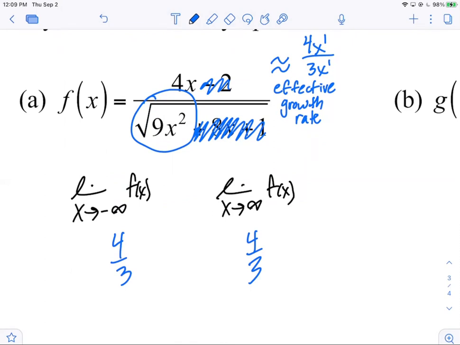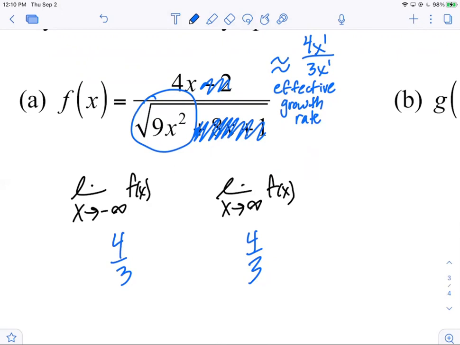So I know it's going to be positive 4/3 as I go to the right. And look at the effective growth rate if I went out to the left. Plug in a negative huge. Negative to the first over negative to the first. What's a negative divided by a negative? Positive. It's going to be positive if I go out to the left as well, because they're going to divide out. But is that what's actually happening?